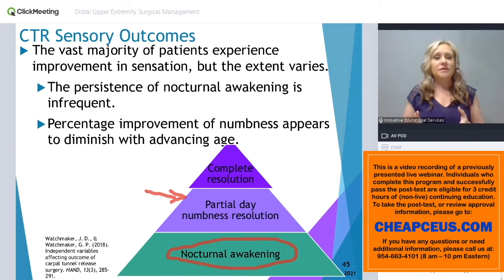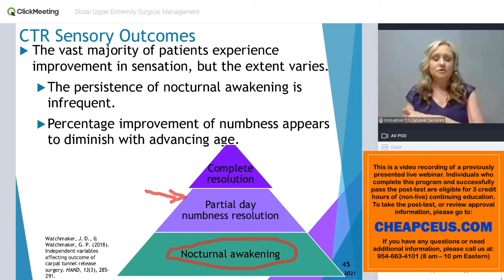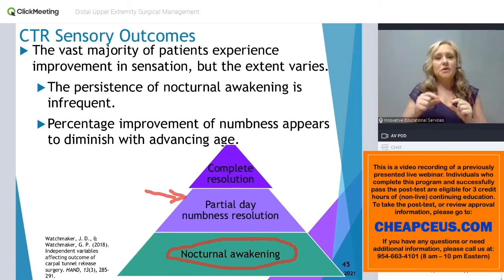There was a study that tried to hone in more on this based on the age of the patient. The American Association of Hand Surgeons, in a 2018 review of over 1,000 patients, looked at them preoperatively and 6 months postoperatively, and found that the older the patient was, the less likely they were to achieve complete resolution of their sensory deficits from the carpal tunnel compression.